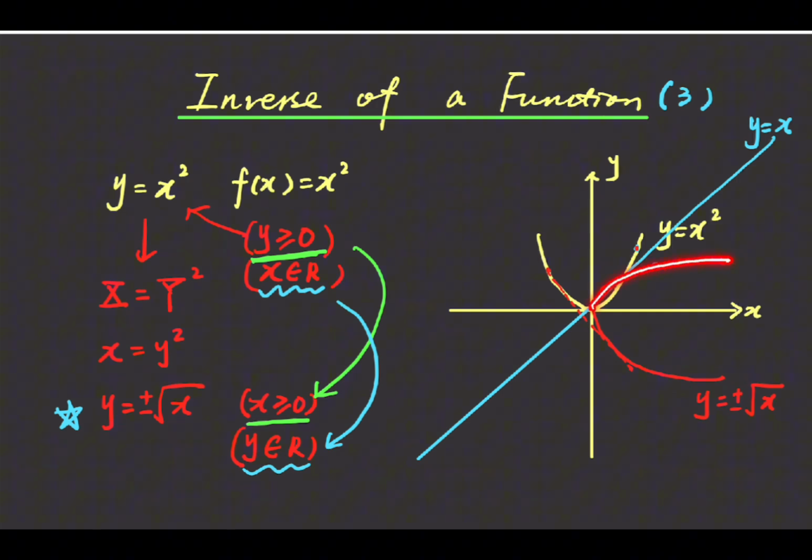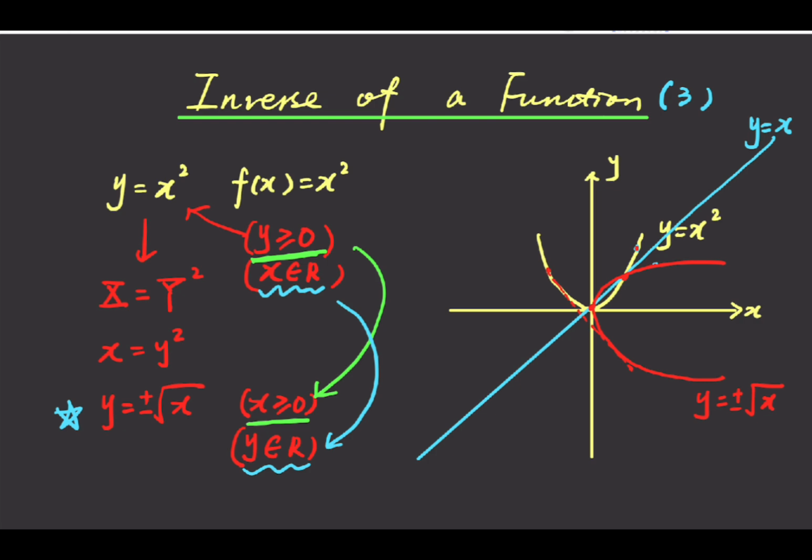So this inverse is not a function, just a relation. That is to say, the inverse of a function is not necessarily a function. So you need to be careful about this.